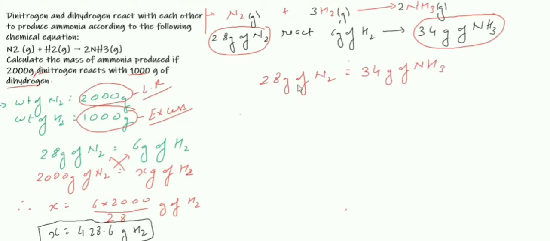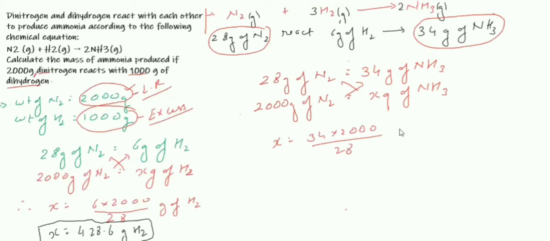How many grams of nitrogen do we have? 2000. So 2000 grams of N2 gives X grams of NH3. Then just cross multiply the terms. X is equal to 34 into 2000 divided by 28 grams of NH3.